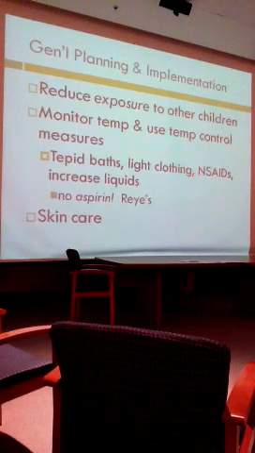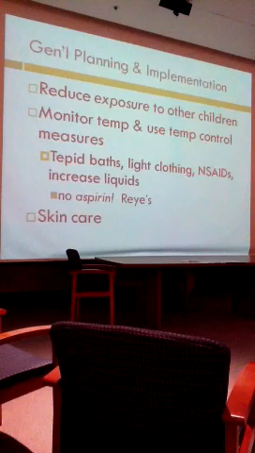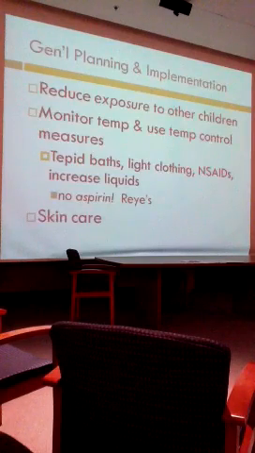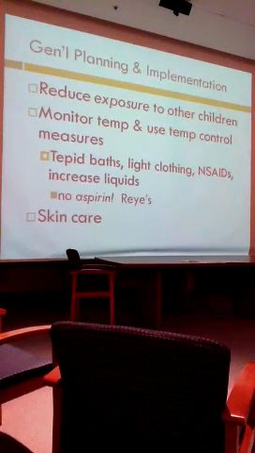So when you think about the planning that you need to do as a nurse, you're going to be thinking about ways that you can reduce exposure to other children. If you're in a hospital setting, that has to do with isolation. If you're the school nurse, do you have some responsibilities to know who in your school has a chronic illness? Who of you have been to school nursing?